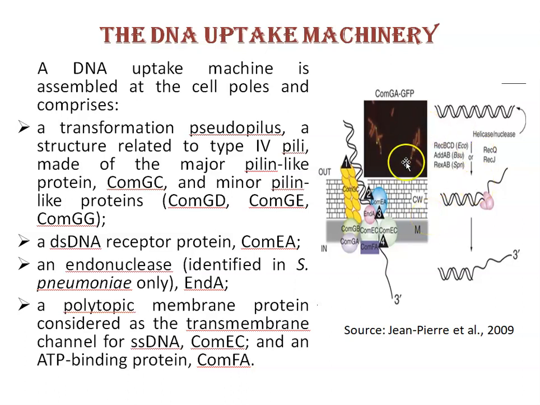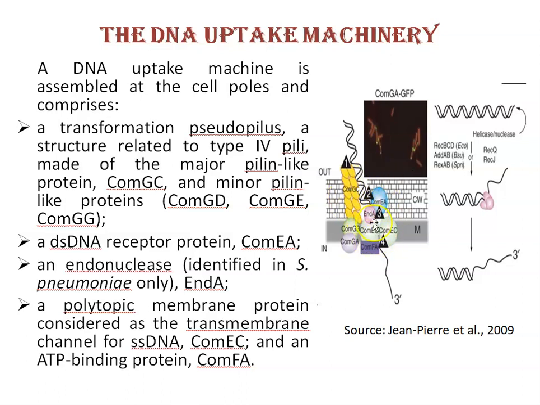A transformation pilus comprises a transformation pseudopilus, a surface structure related to type 4 pili, made of a major pilin-like protein, ComGC, and minor pilin-like proteins, ComGD, ComGE, and ComGG.